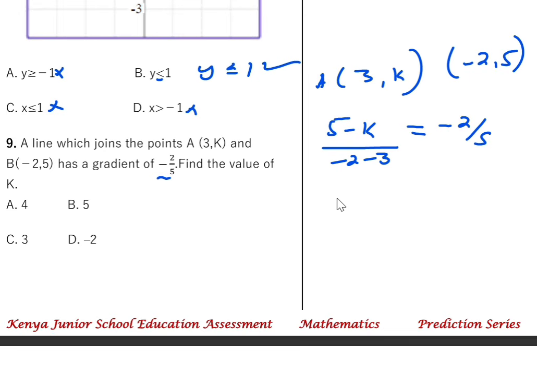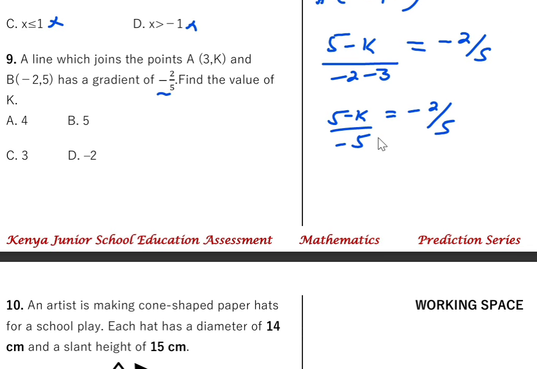So this is 5 minus k over -2 minus 3, which is -5, is equal to -2 over 5. So by removing what is down here, I multiply this number. So I get 5 minus k is equal to -2 over 5 times -5.